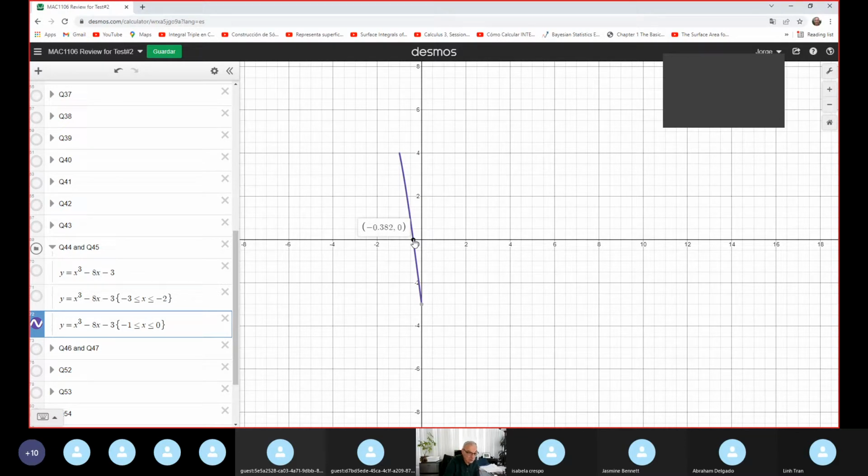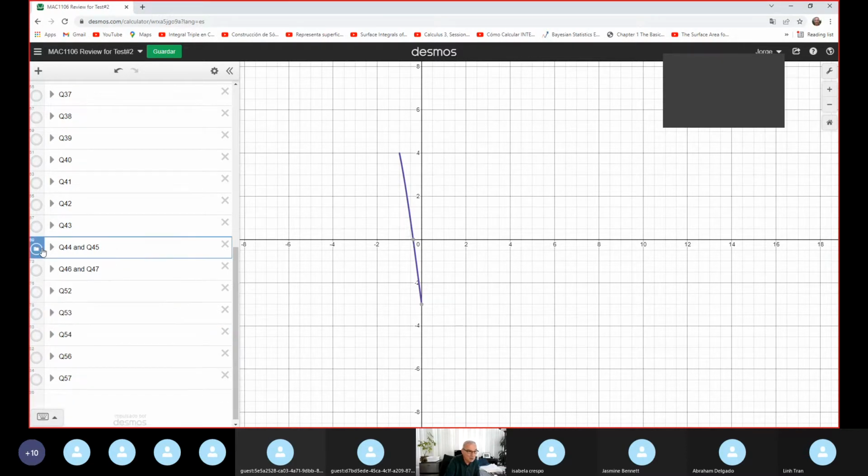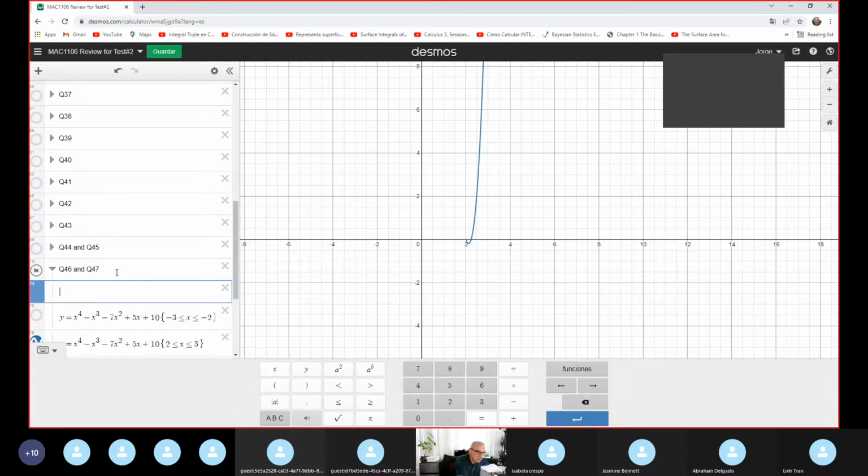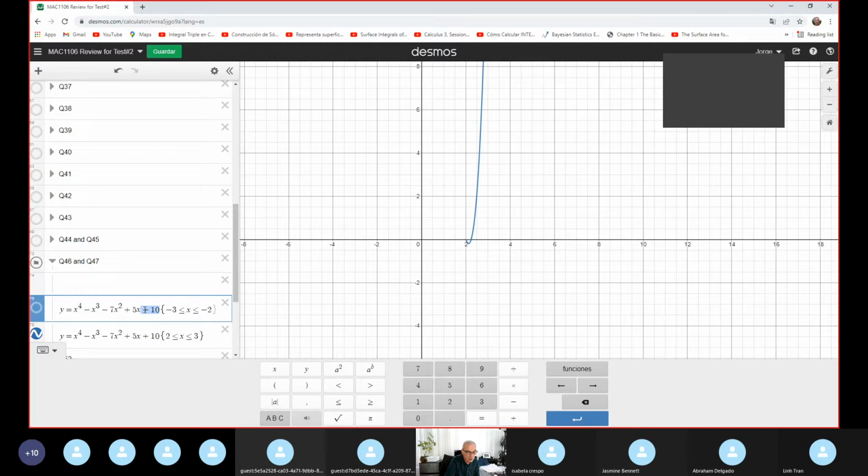Problems 46 and 47 are very, very similar. Look. Let me open it. I press enter to open a new line, and I copy the polynomial, Control C, Control V, paste.